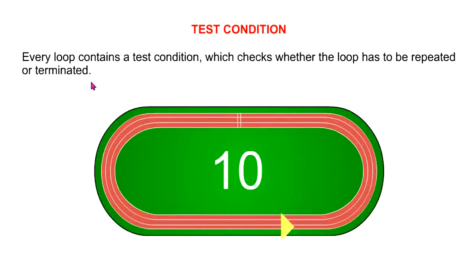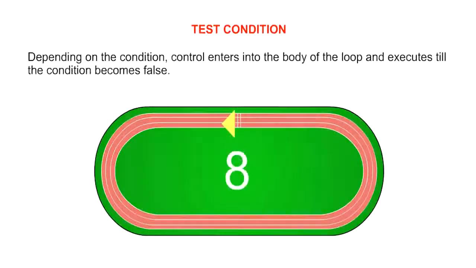First round is over, second round is over, third, fourth, up to 10. If 11 comes, it has to terminate. That is done by the test condition. Depending on the condition, control enters the body of the loop and executes until the condition becomes false. When it becomes 11, it is false and it will terminate.